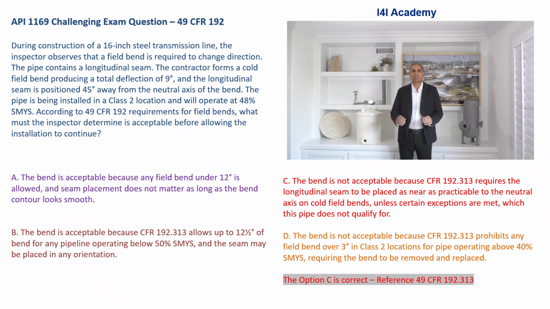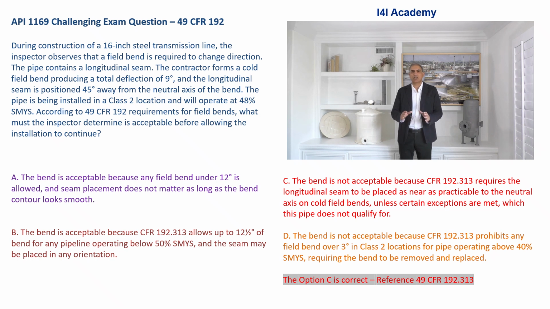B. The bend is acceptable because CFR 192.313 allows up to 12.5 degrees of bend for any pipeline operating below 50% specified minimum yield strength, and the seam may be placed in any orientation. C. The bend is not acceptable because CFR 192.313 requires the longitudinal seam to be placed as near as practicable to the neutral axis on cold field bends, unless certain exceptions are met, which this pipe does not qualify for.